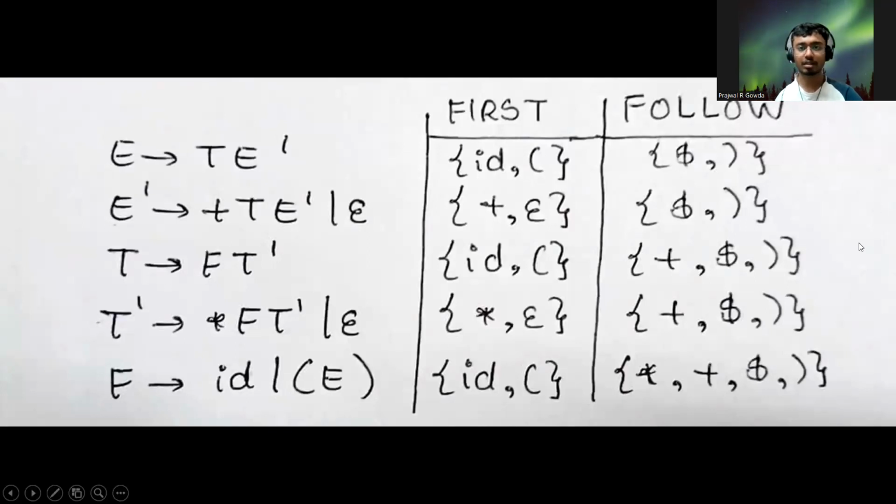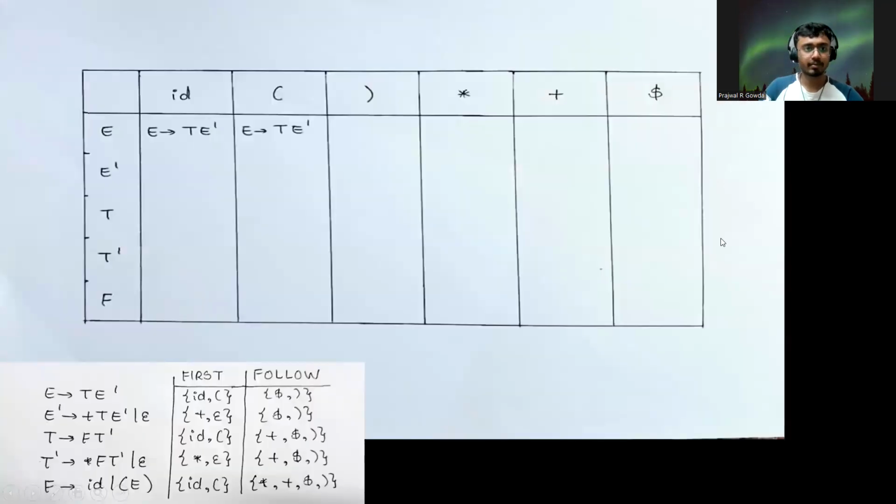So now let us construct the predictive parsing table. The predictive parsing table consists of all the non-terminals as the rows and all the terminals which are present as the columns. And the dollar sign, which represents the end of input, is also considered as a column.